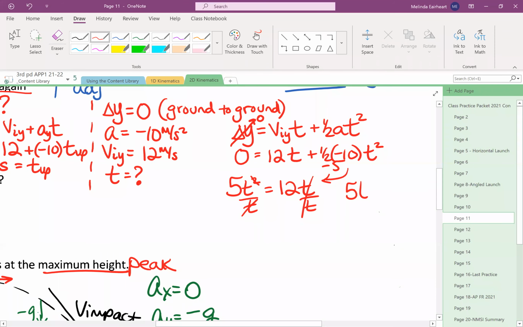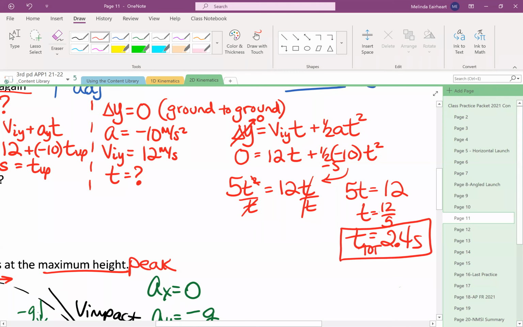And so 5t equals 12. What's 12 over 5? 2.4. And so that also is a way to get total time. It's not as apparent since delta y zeroing out, right? But to me, it's pretty neat that it works out, okay?